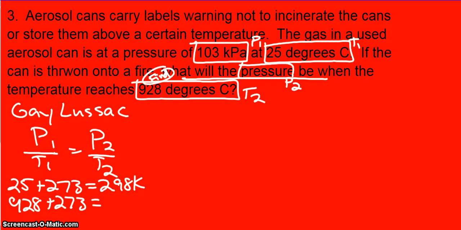So 928 plus 273, can't do that one that quick. We get 1201.